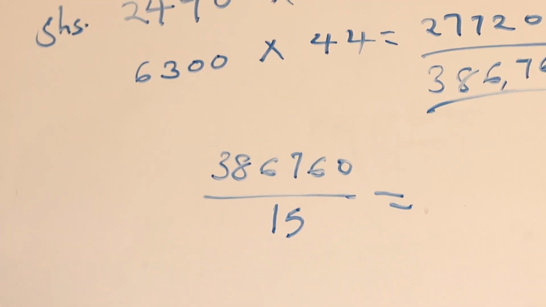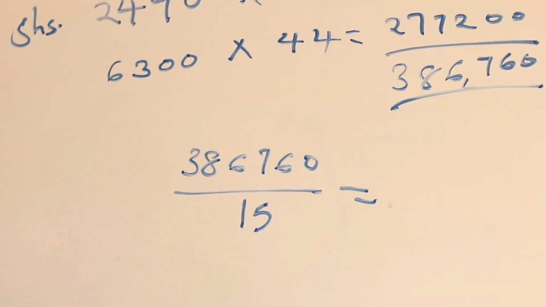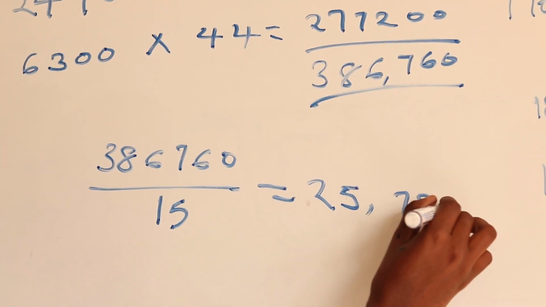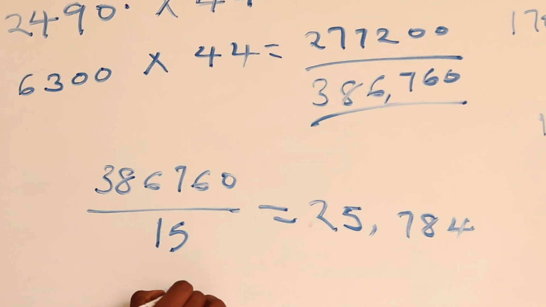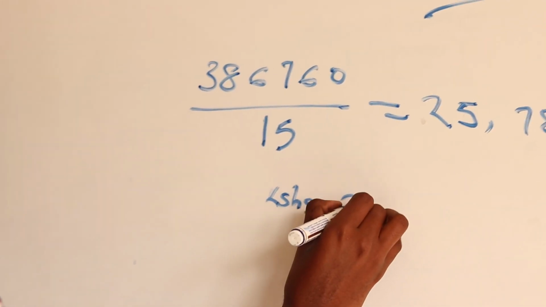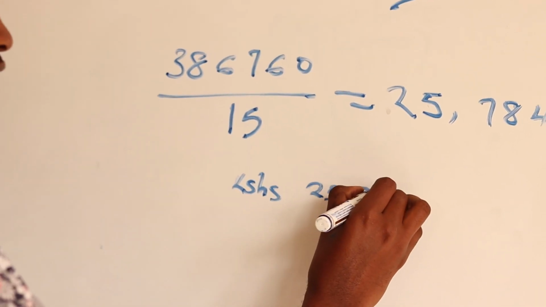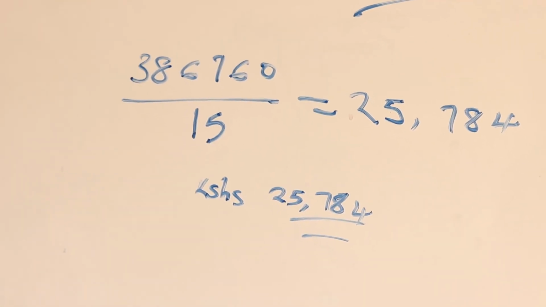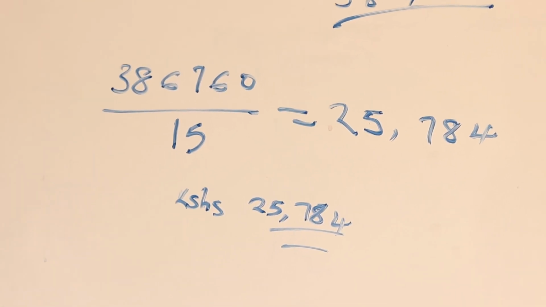So the average cost per generator will be 25,784. That's the average cost that the company incurs when one of the generators has broken down.